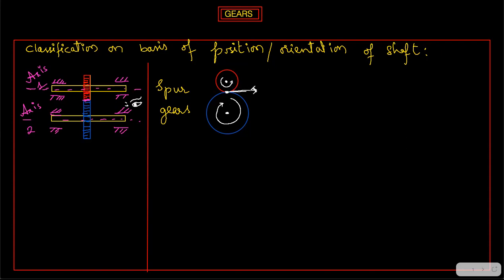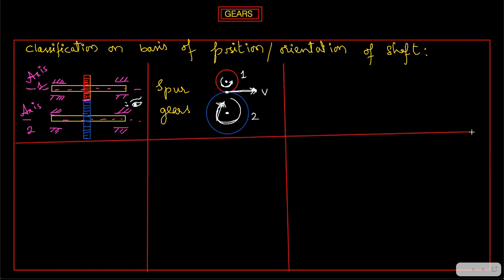At the point of contact, you have the same velocity v, even if you consider the point on gear 1 or on gear 2. Fine. So this point will have the same velocity. So you can see that if one gear is rotating anti-clockwise, the second gear will be rotating clockwise. Fine. So the direction is changing. So this is about the gears which are parallel and which are called spur gears. Okay. So now we'll go to the next way how we are going to check the classification of the gear.